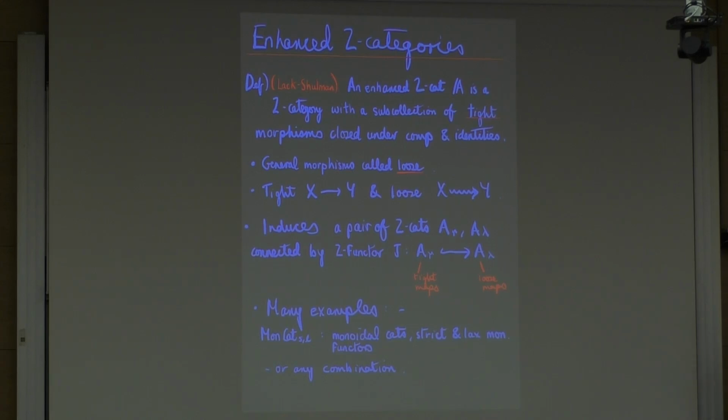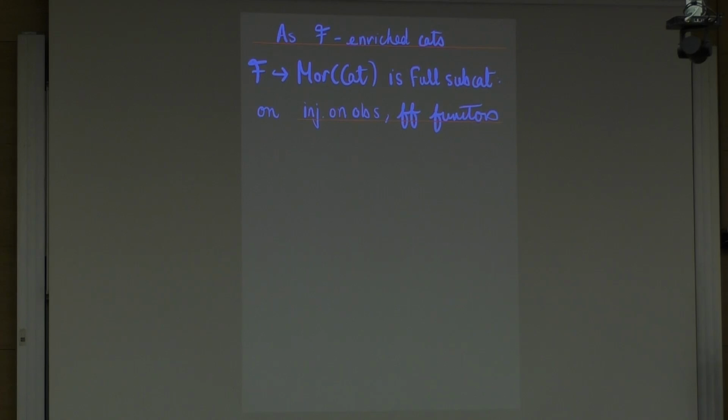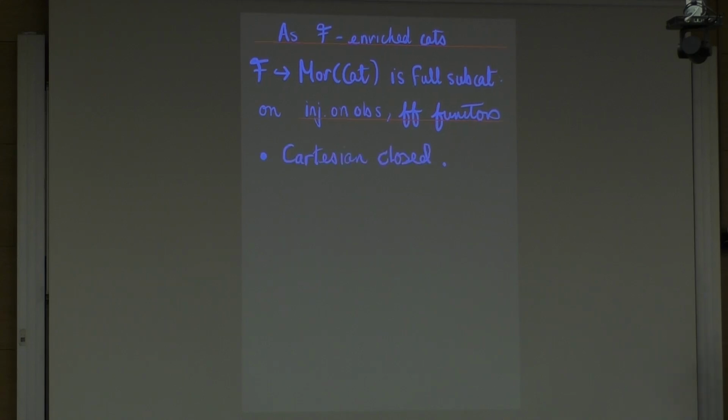And so this is a very simple definition. The reason Lack and Shulman introduced it is that they're also exactly enriched categories. So if you look at the category of Cat and look at its objects or functors, we only look at those functors which are basically inclusions of full subcategories, so injective on objects and fully faithful. And so this is a full subcategory and it's Cartesian closed.